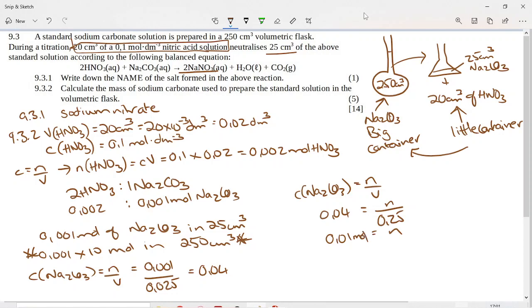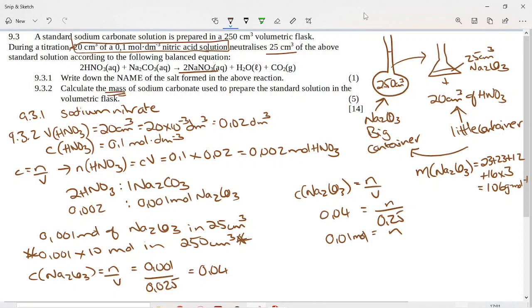But the problem is, it didn't ask me for the moles of sodium carbonate, it asked me for the mass of sodium carbonate. So to find the mass, I will need the molar mass of sodium carbonate from the periodic table. There are two sodiums, which is 23 plus 23. There's a carbon, which is 12. And there are 3 oxygens, which are 16 each. So this ends up at 106 grams per mole.